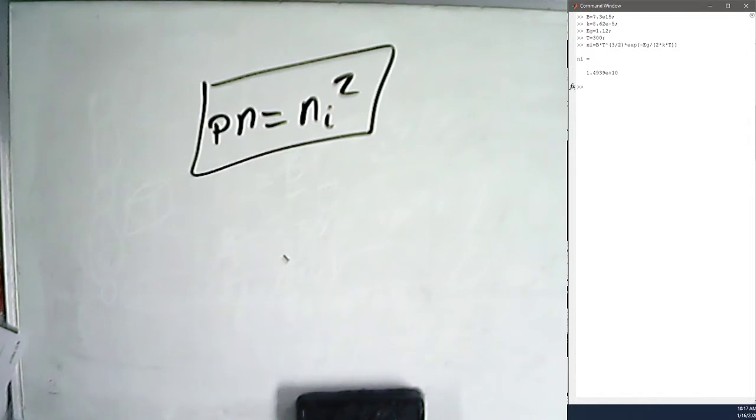And so what this means is we add some kind of contaminant in with our silicon.